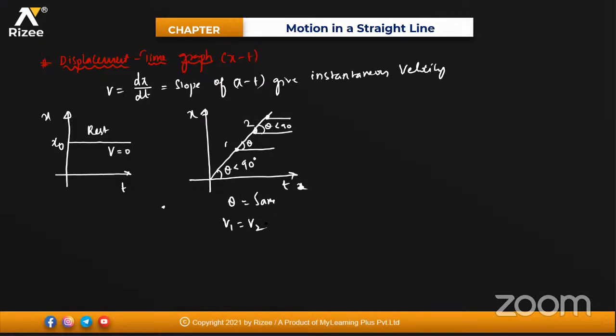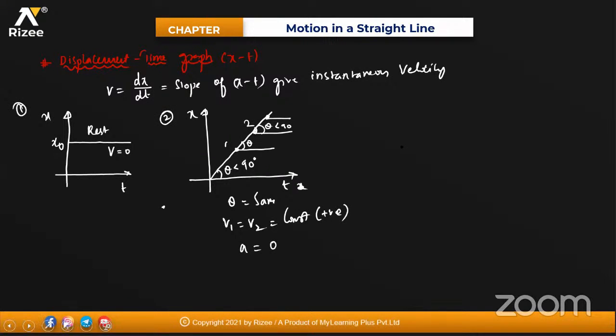Okay, so V1 will be equal to V2. That means velocity is constant right now, so acceleration will become how much? 0. Isn't it? Velocity is constant and it is also positive because the slope angle is less than 90 degrees. Clear?